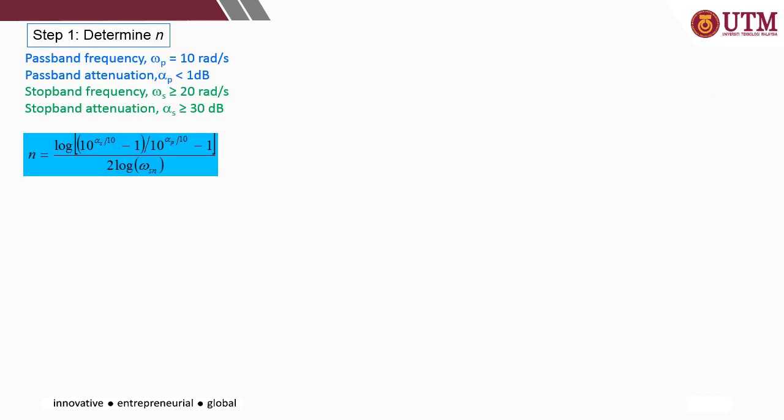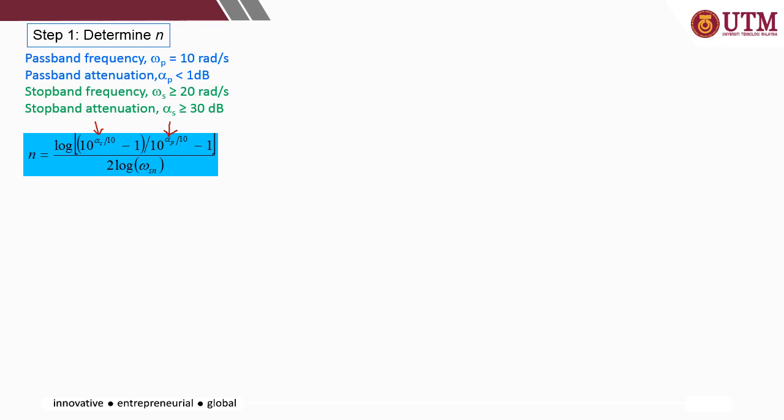So the first step is to calculate n. If you have the equation in hand, then you can just use the equation straight away, or else you can refer to the graph if it is provided. From signals and systems, if you still remember, the alpha s and alpha p in this equation need to be positive dB values only.